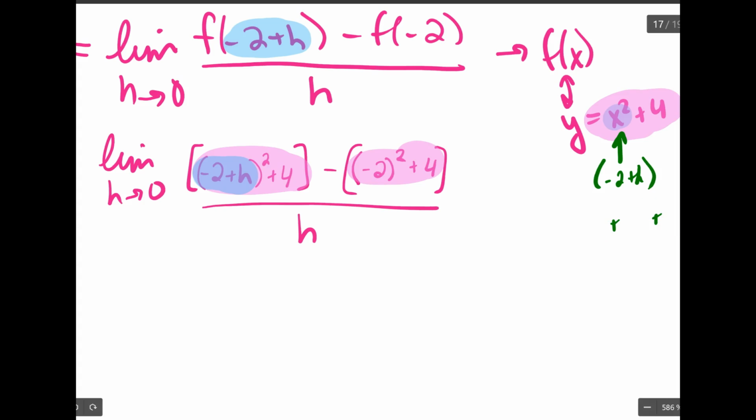Okay, if I'm going to FOIL this out, just to make sure we're all on the same page: negative 2 plus h times negative 2 plus h. 4 minus 2h minus 2h plus h squared gives you 4 minus 4h plus h squared.